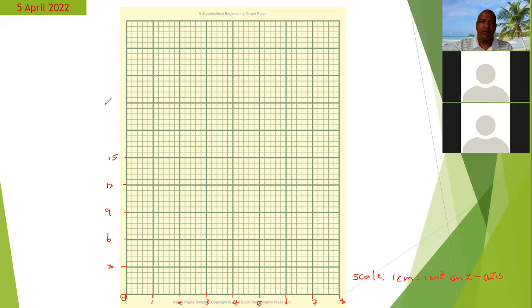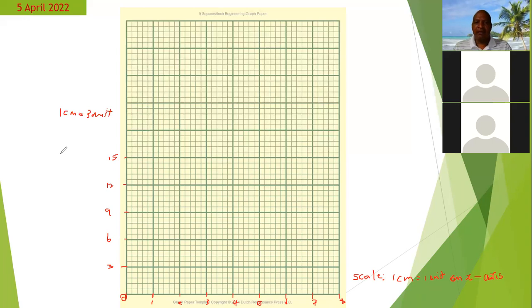So you have to do it for both axes. So for the y-axis, you use 1 centimeter equals 3 units on the y-axis, right? Now, as I said, there are times when you can use the same scale on the y-axis, and there's no problem with that.